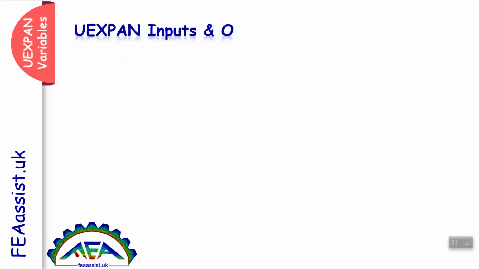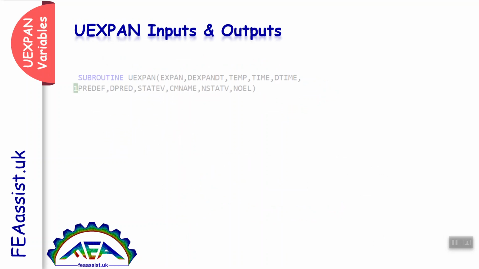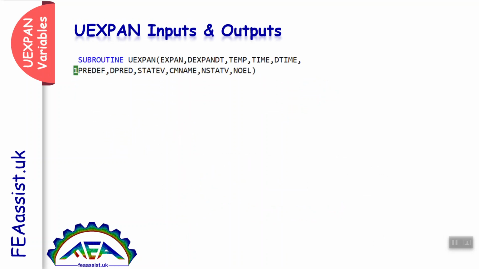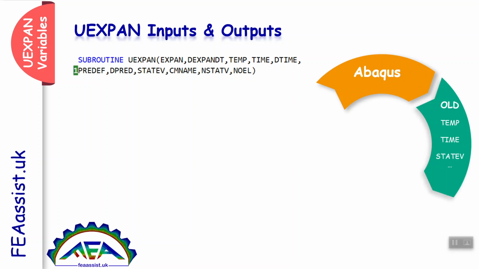UXpan variables. UXpan inputs and outputs. The UXpan subroutine has some inputs and we need to process them and export them as outputs to Abaqus. In other words, Abaqus computes temperature, time, state variables.